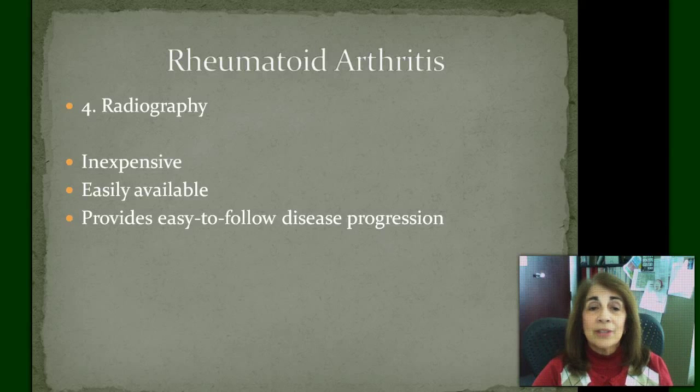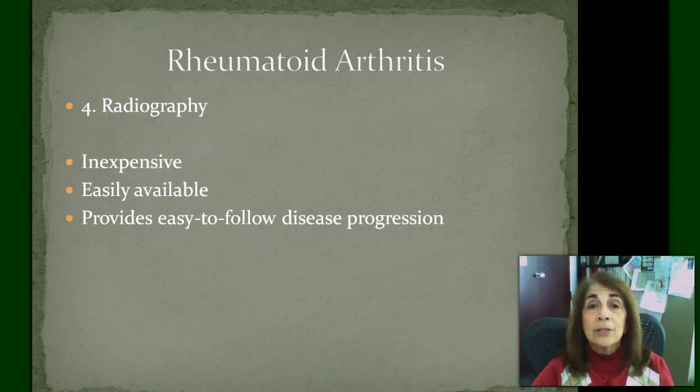An X-ray is inexpensive. It's easily available in just about all the healthcare facilities that someone would be at. It provides easy to follow disease progression, so that you can watch year to year, or when there are changes you can see what they were before, what they are now.